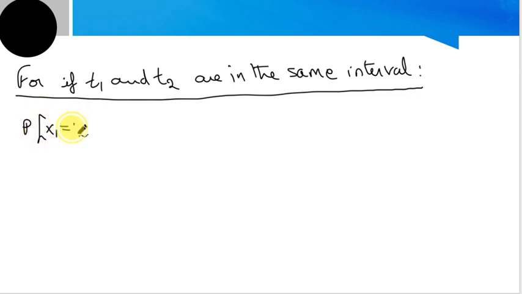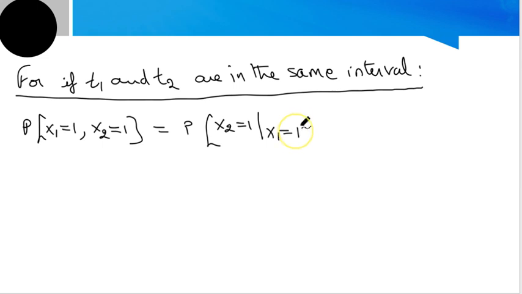I will have probability of x1 equal to 1 comma x2 equal to 1. This is nothing but probability of A intersection B, which is the same as B intersection A. So I rewrite this as probability of x2 equal to 1 given x1 equal to 1, into probability of x1 equal to 1. That is, P of A intersection B is P of A given B into P of B. This formula we are using.